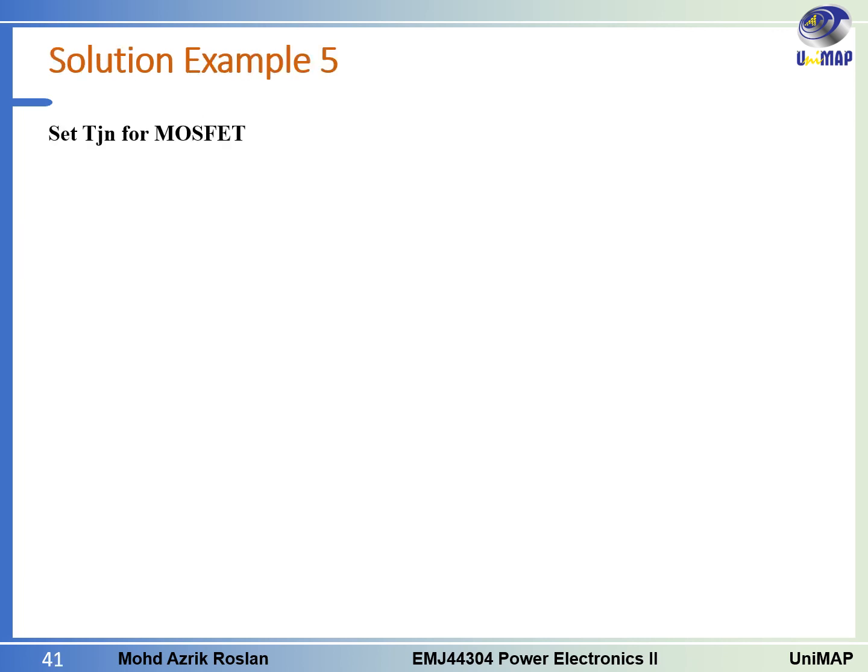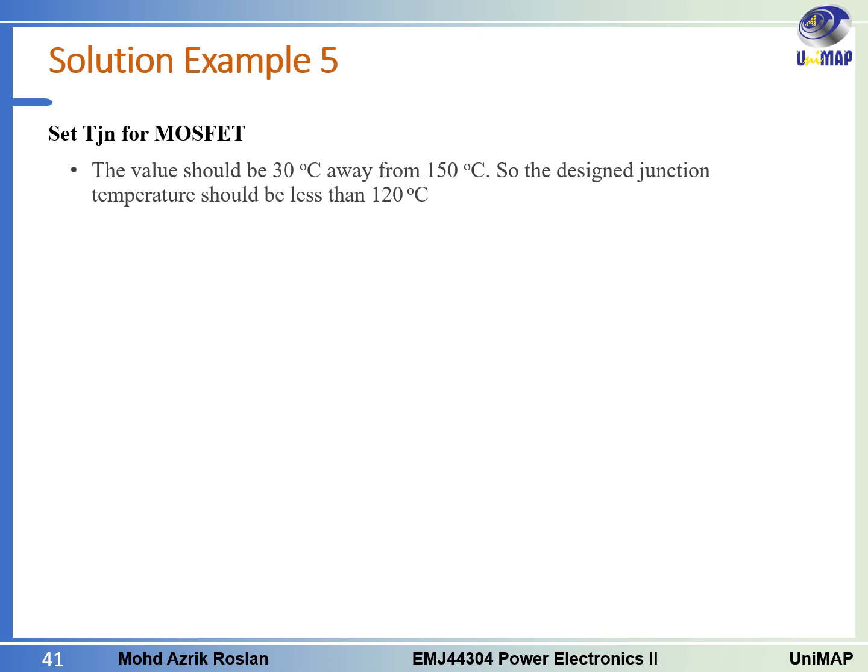Okay, the first step to solve this is you have to set the junction temperature for the MOSFET. The requirement is that the value should be 30 degrees C away from the maximum junction temperature.